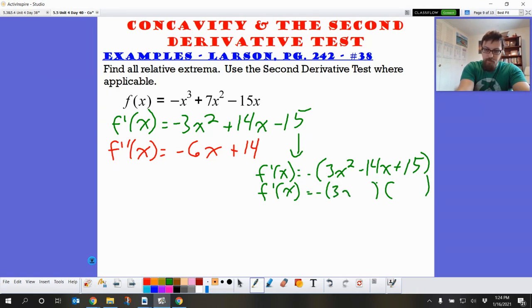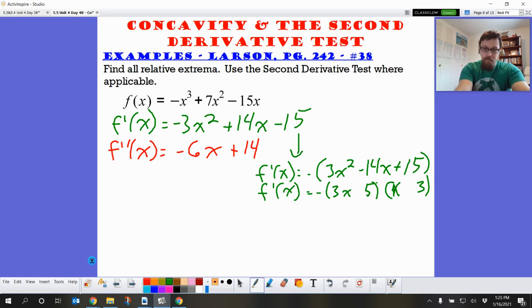So, well, this is going to be 3 and 1, not 3 and 3. So I want to try to get 15, or 5 and 9. So 5 and 9, so that'll be 15.